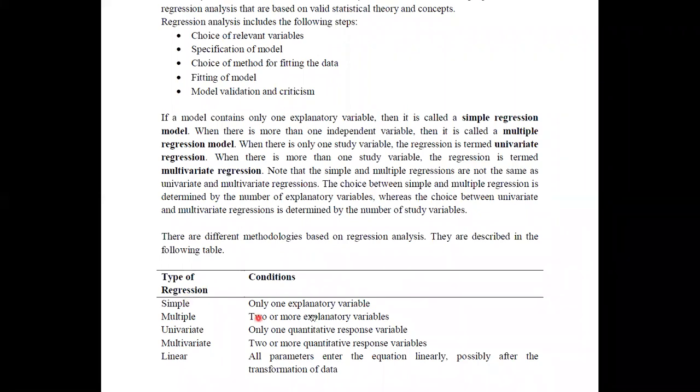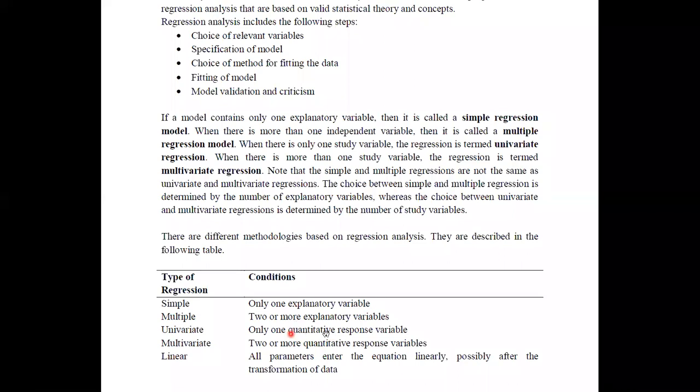If there are two or more explanatory variables, it means two or more x variables, then you can go with the multiple regression. Then if there is only one quantitative response variable, it means even though it is one response variable, it should be quantitative.